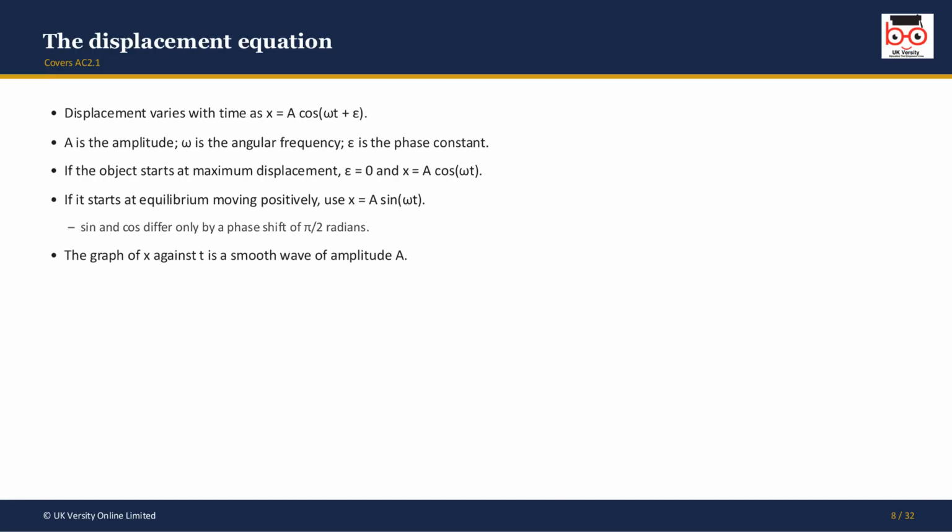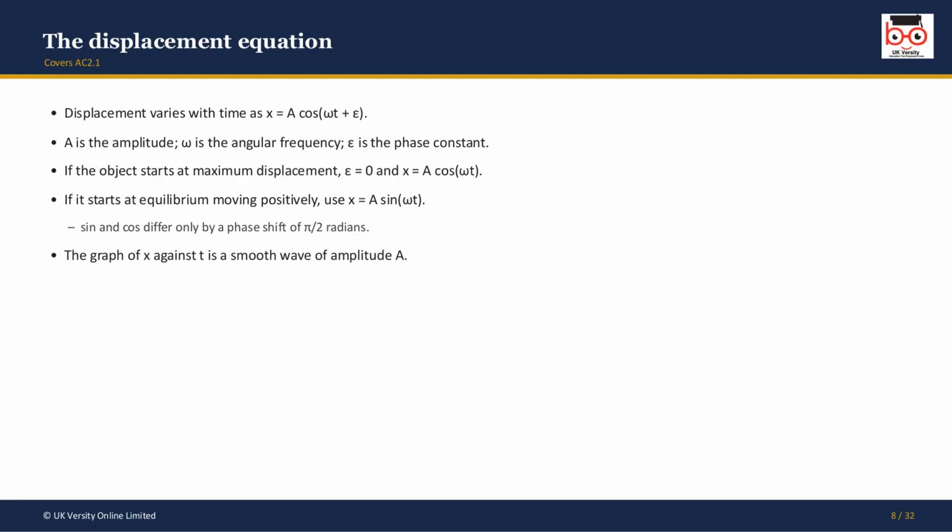So let's look properly at that displacement equation. The displacement varies with time as x equals a times the cosine of open bracket omega t plus epsilon. Here a is the amplitude, omega the angular frequency, and epsilon the phase constant. If the object starts at maximum displacement, then epsilon is 0, and it's simply a times the cosine of omega t.